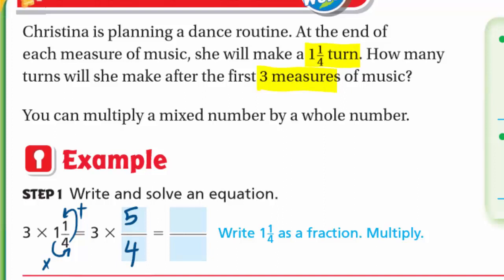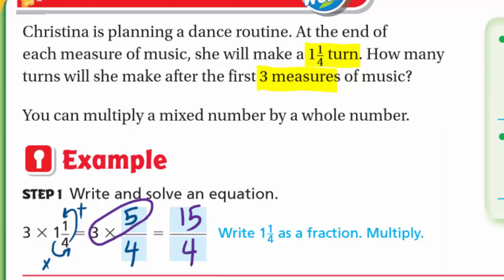Again, like we said before, multiply the whole number by the denominator and add the numerator. And as we said in the past lesson, we can just multiply the 3 by 5, which is 15, and we keep the denominator 4. So it's 15/4. So 3 multiply 1 1/4 is 15/4.